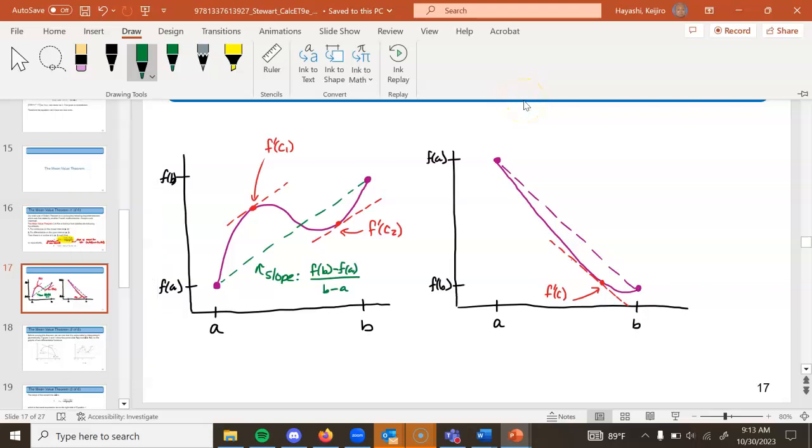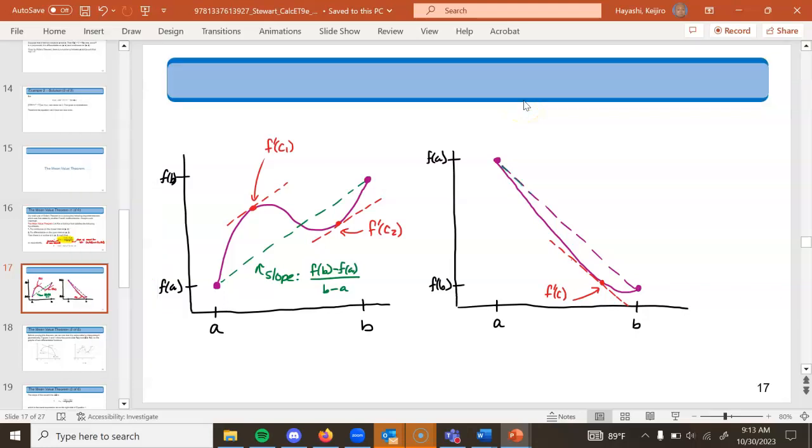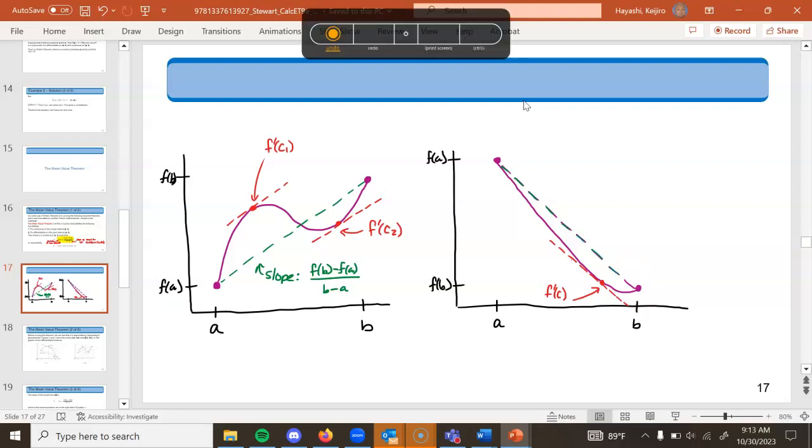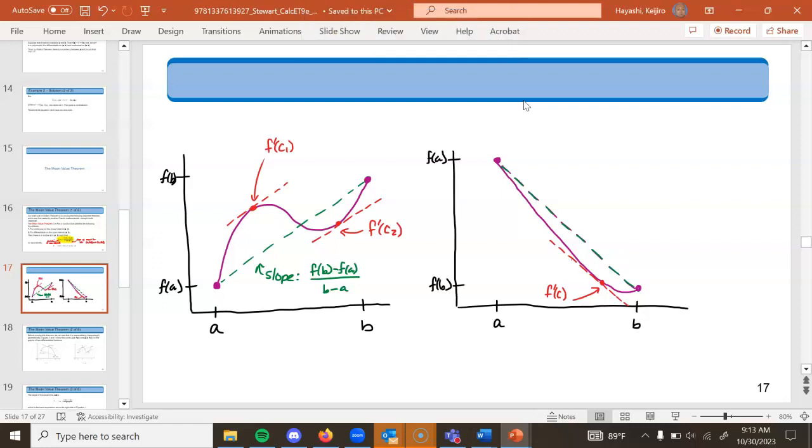And that actually is just a consequence of the continuity and differentiability. You can't make any weird jumps, and you can't make any weird bends in the function. So you're sort of forced to make this function that somewhere curves just the right amount to have the derivative be equal to the slope of that secant line.